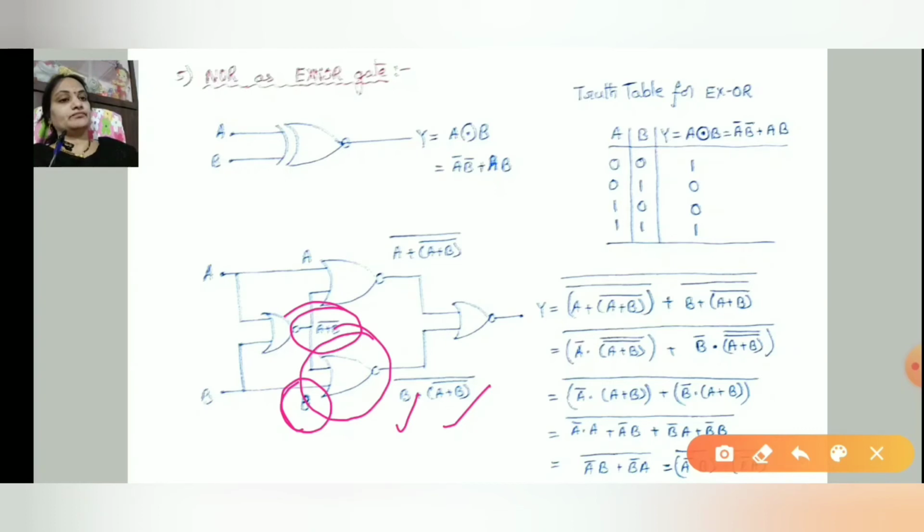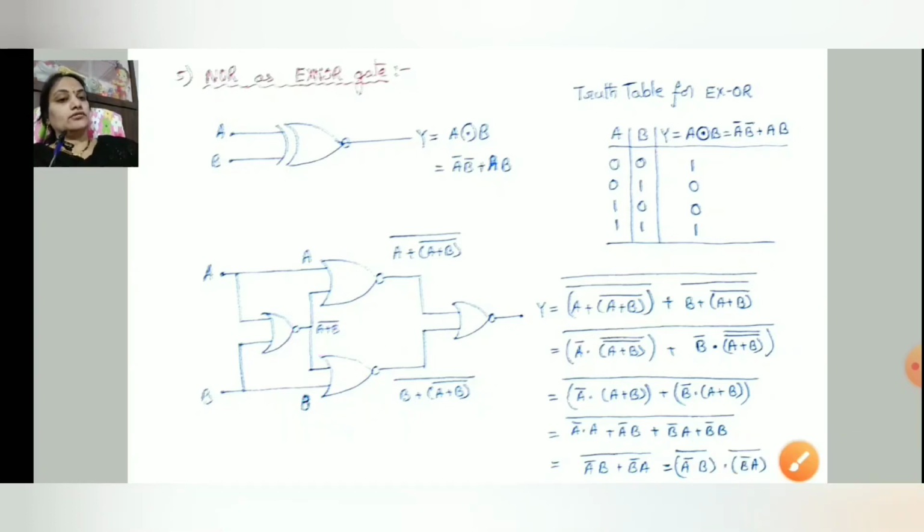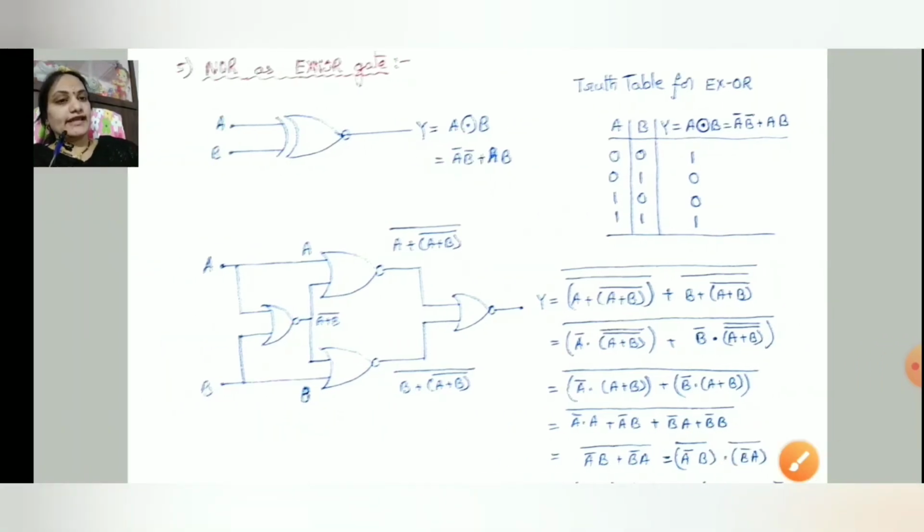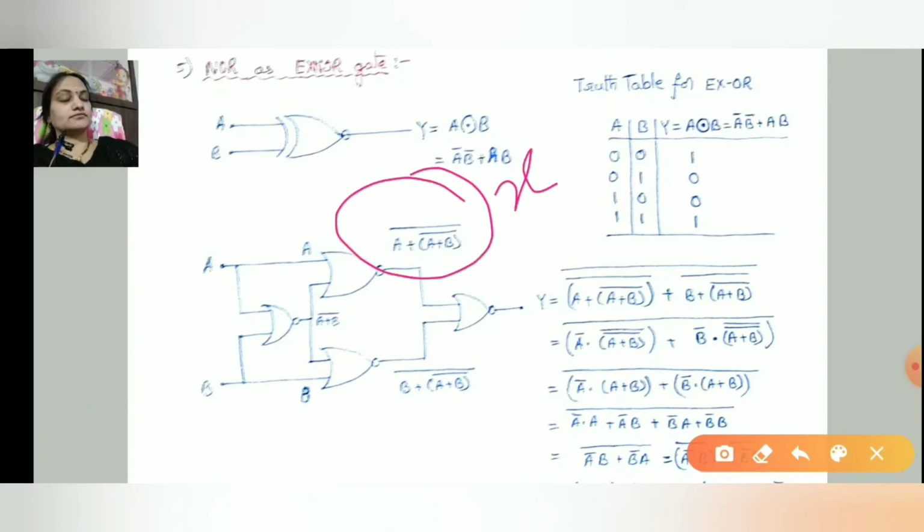Okay. So now treat this expression as X, and again treat this expression as Y. Okay. Now this X and Y are given to this gate. Which gate? NOR gate.